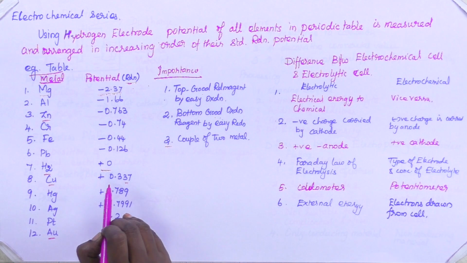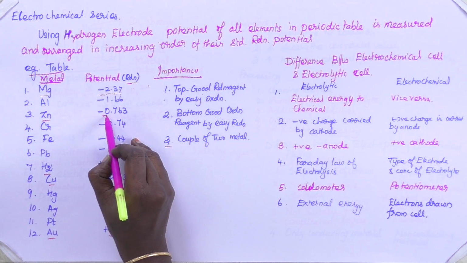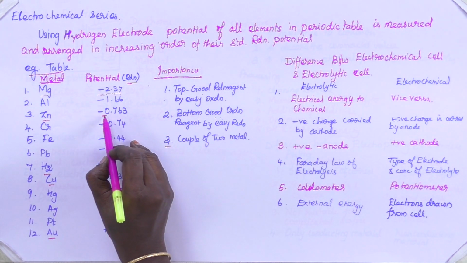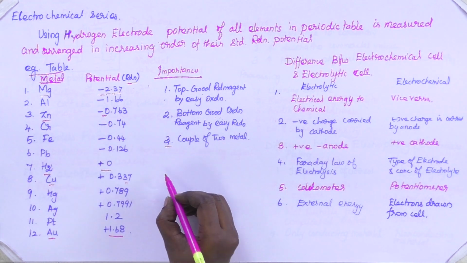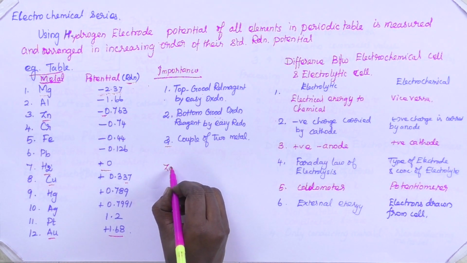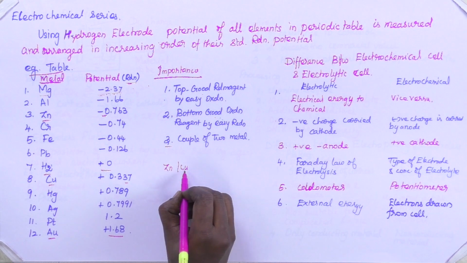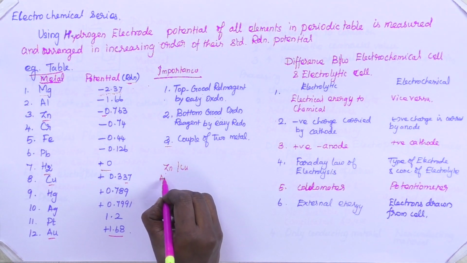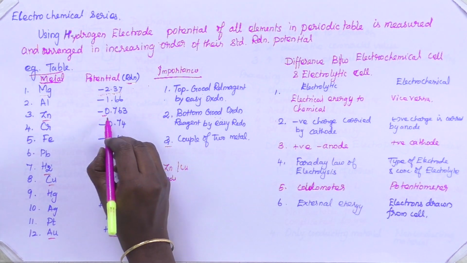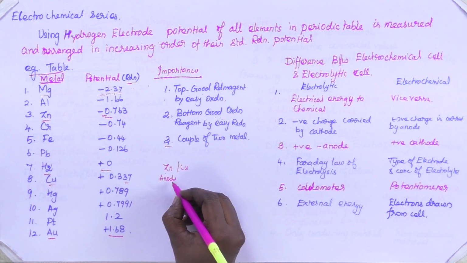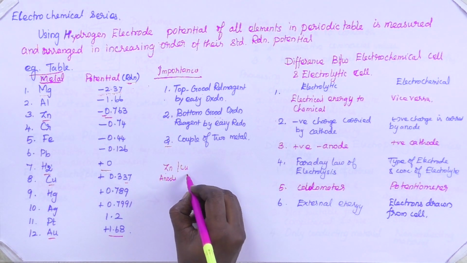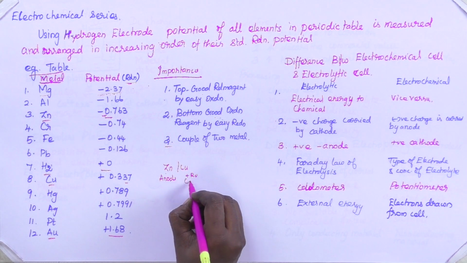The negative value of zinc shows it favors oxidation. So when you couple zinc and copper, zinc always acts as the anode because of its negative reduction potential, and copper's positive reduction potential makes it the cathode.